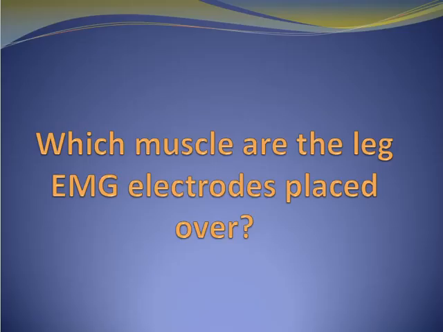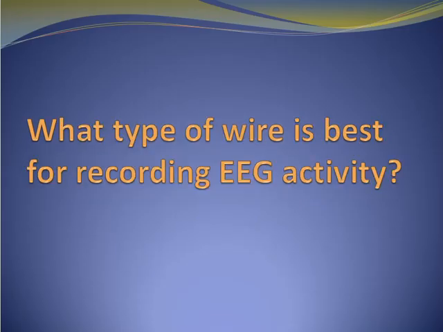So we've covered a lot of this already in lab. I'm going to leave these last questions for you to do and look up the answers on your own. What muscle are the leg EMG electrodes placed over? What type of wire is best for recording EEG activity?